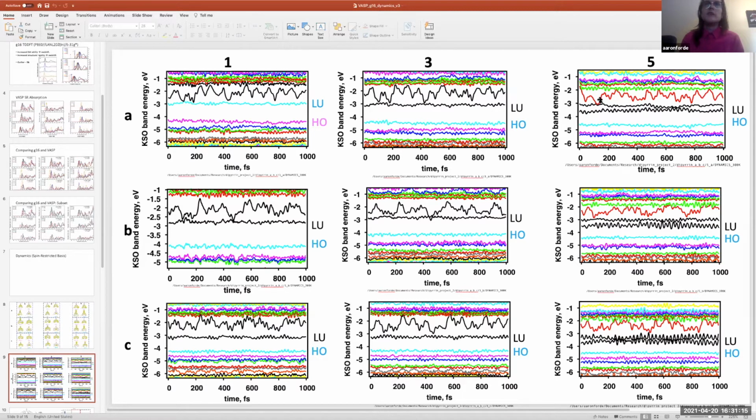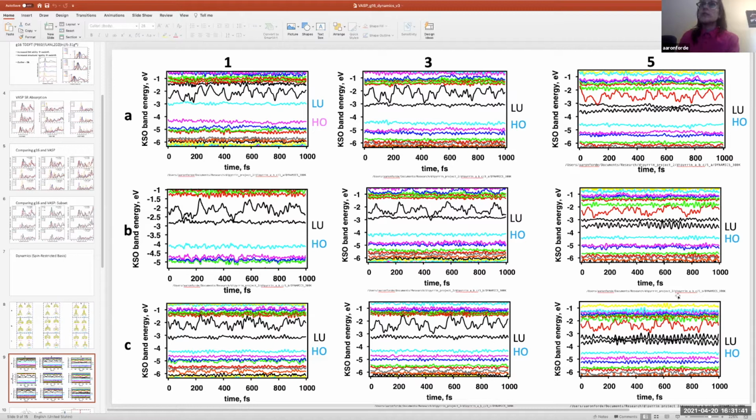I think this is what Levi was mentioning a couple minutes ago, where the withdrawing group was pushing some of the bands from the ring lower in energy than the transition metal. Is that right, Levi? Yeah, and I think this clearly demonstrates it.